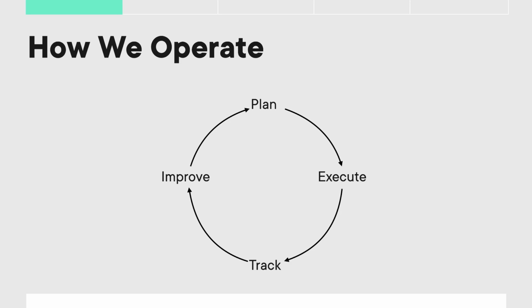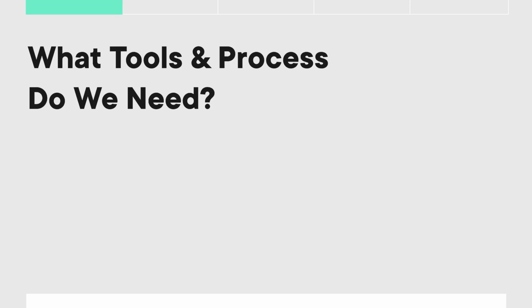So let's talk about all the systems and tools that you need to run this cycle effectively. What are the tools and processes that we need? First of all, we need some planning tools, right? We need to have systems in place to plan how we're going to spend our time and our resources. Next, we'll probably need something like a client management or project management tool.